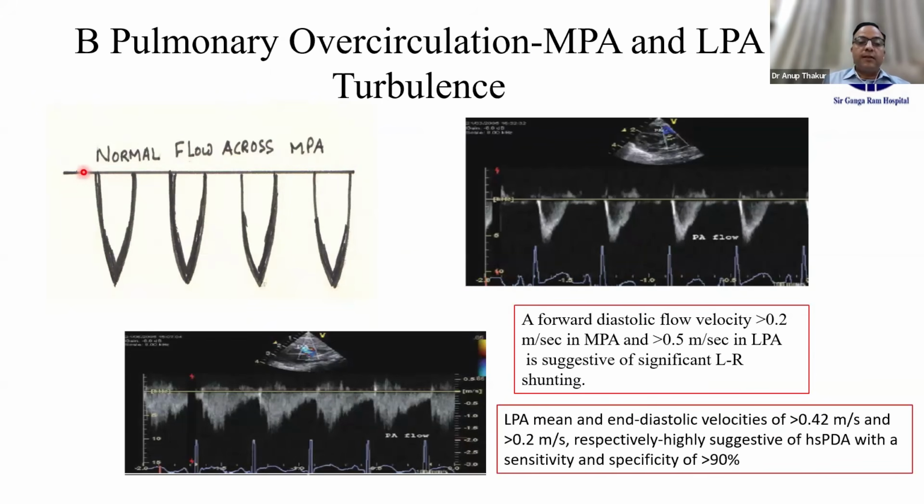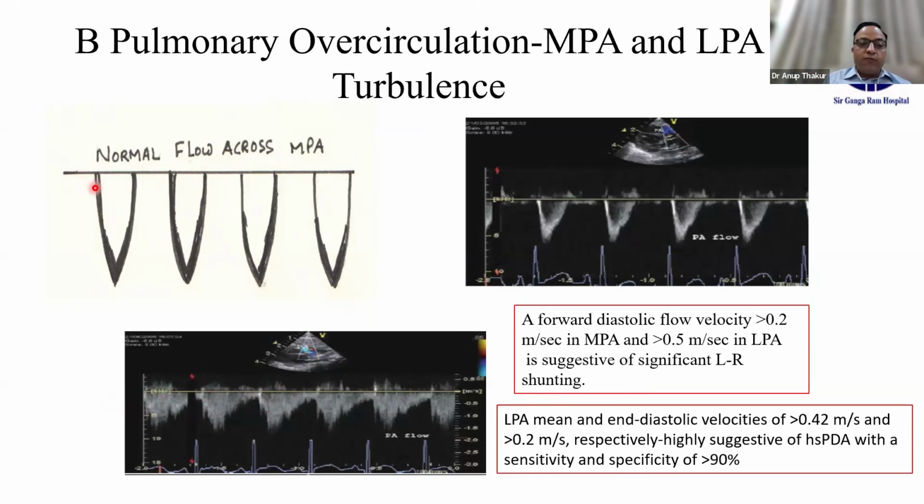You see here, the color will be blue, and you will see the trace below the Doppler line, because your blood flow is away from your probe. Whenever blood flow is away from your probe, the color will be blue and you will see the trace below the Doppler line.